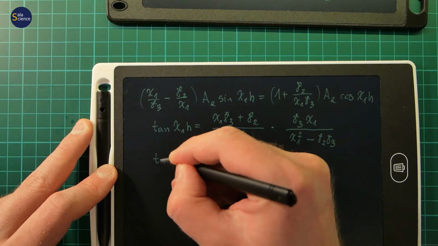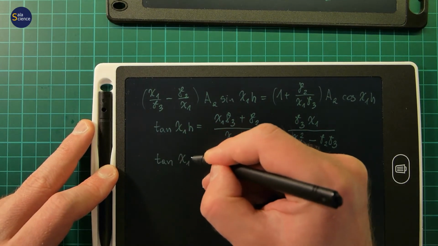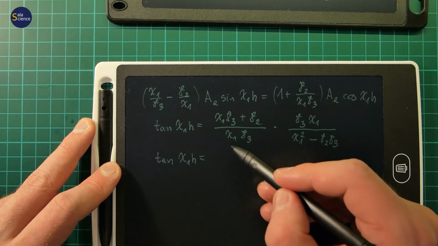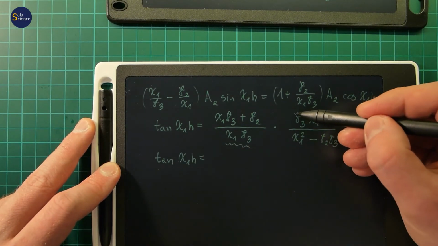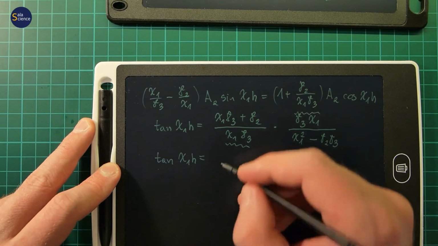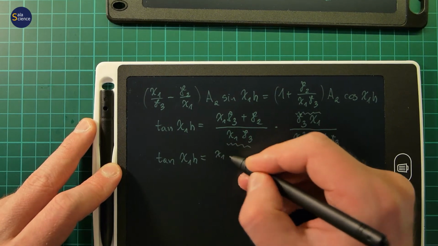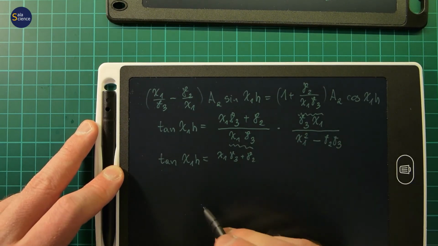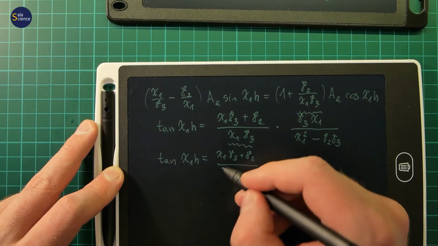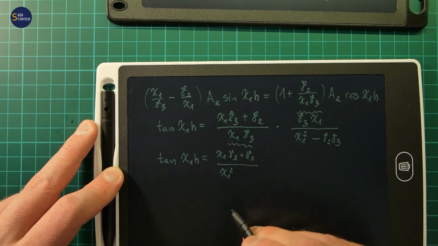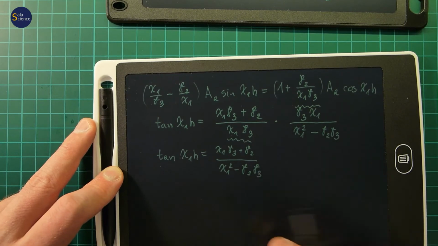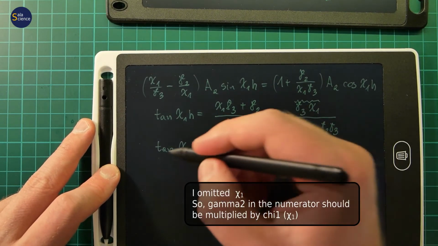Multiplying through by gamma 3 chi1, we have tangent chi1 h equals chi1 gamma 3 plus gamma 2 over chi1 squared minus gamma 2 times gamma 3.